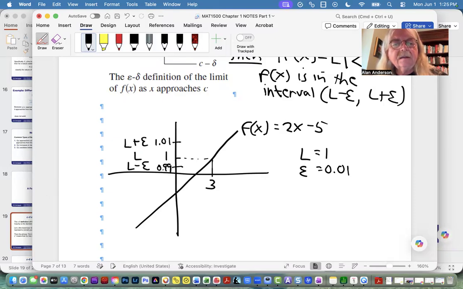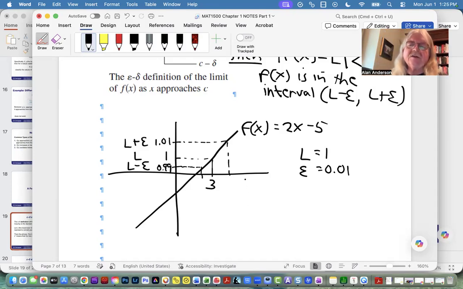And then down here, the corresponding x's can be derived in the following way. We can figure out just by setting the function equal to 0.99 and 1.01 that these x's are in fact 2.995 and 3.005.